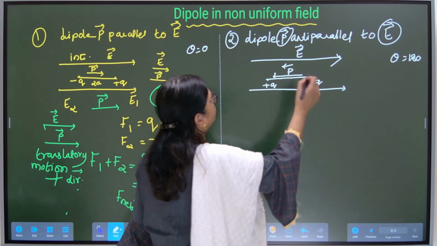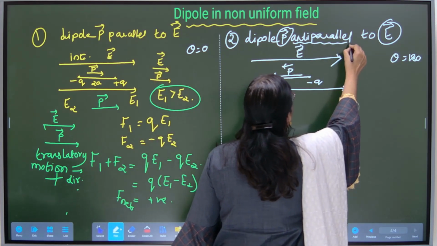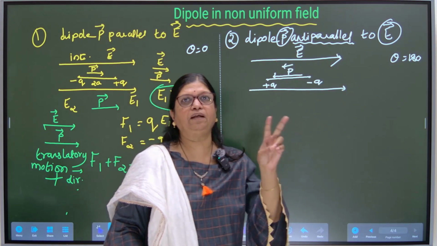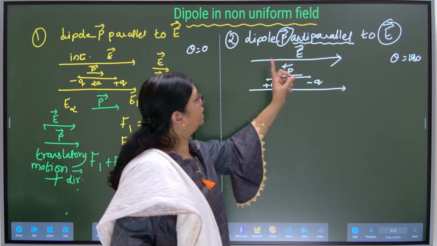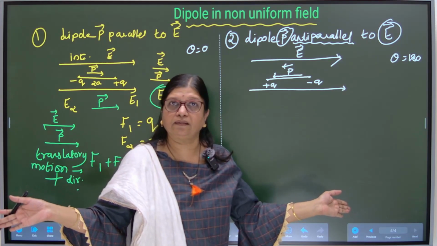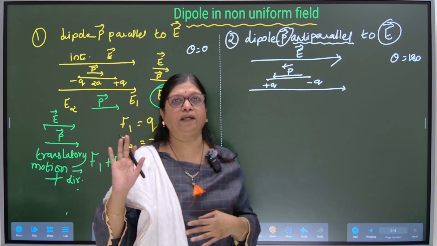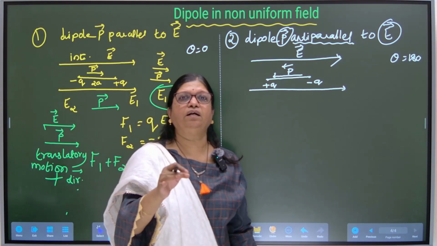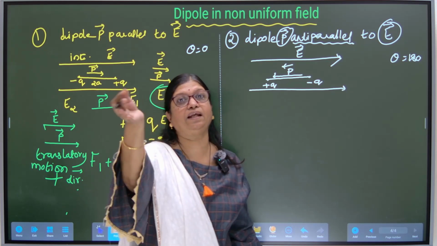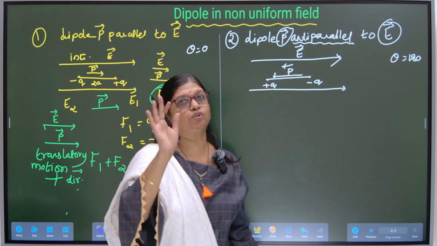Okay, one word used will automatically make you understand that theta is 180 between P and E. Theta is 180, so E and P are opposite to each other in their direction. These all should be there in your mind. So I have placed a dipole anti-parallel to the increasing electric field, which is non-uniform.